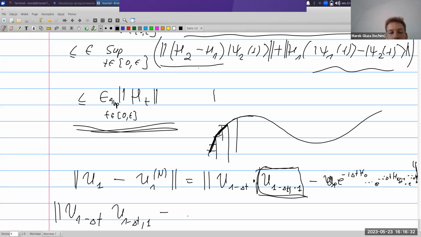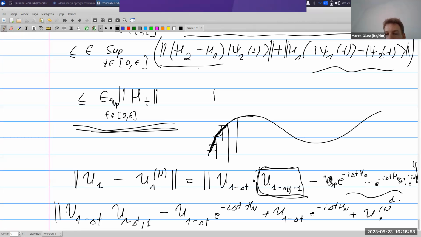And then I will add and subtract u minus delta t e to minus i delta t h n, my last evolution here. I just add and subtract this. And here I will have the plus u n t. So this term goes here.